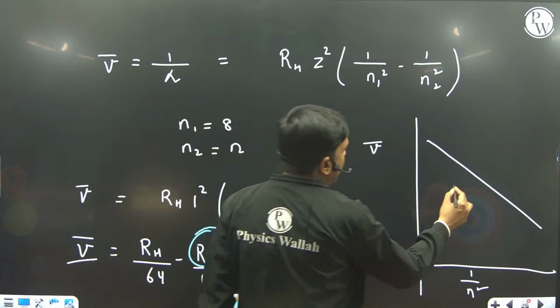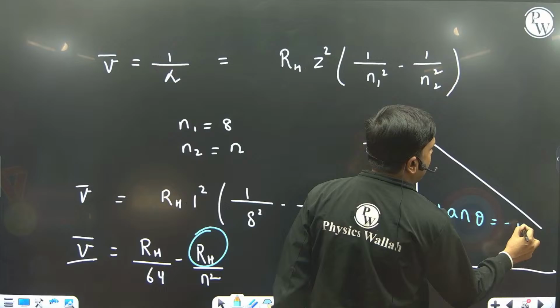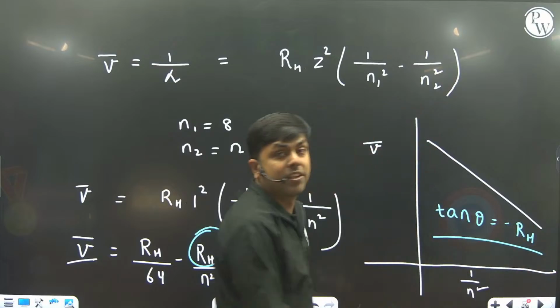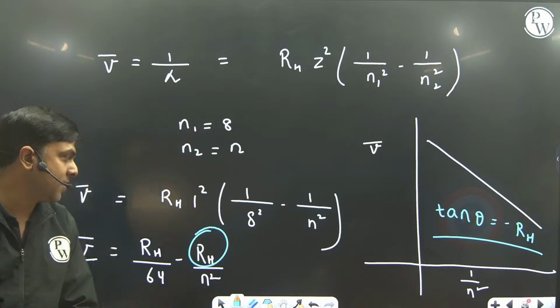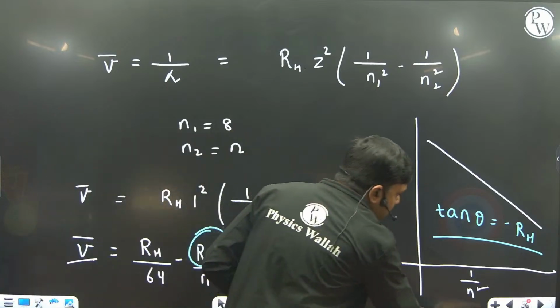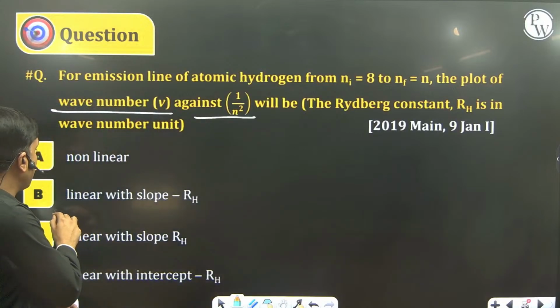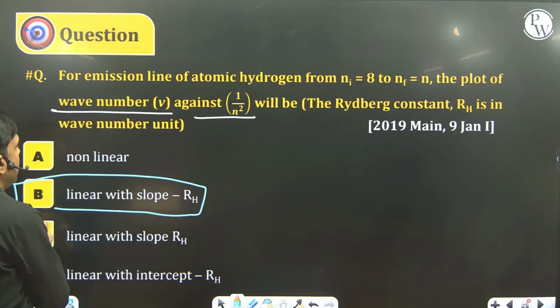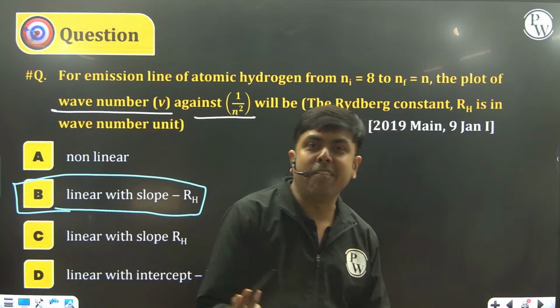So the slope is tan theta equals minus of RH. Is this clear, everyone? Linear with a slope of minus RH. Done? Shall we move ahead?